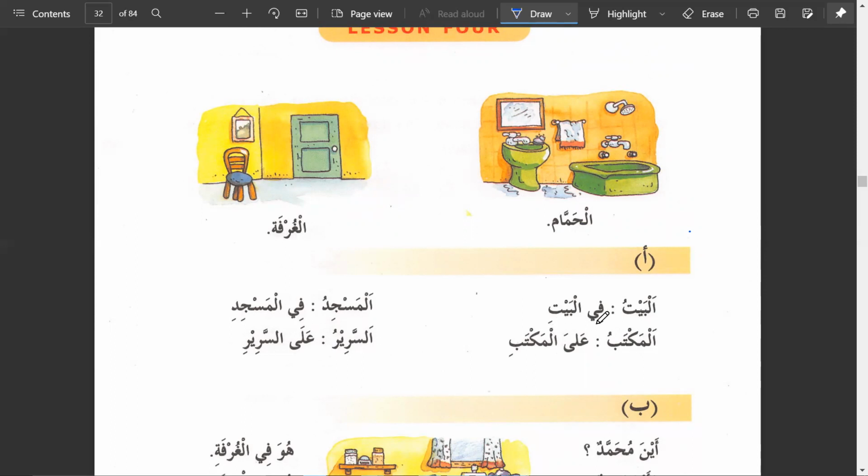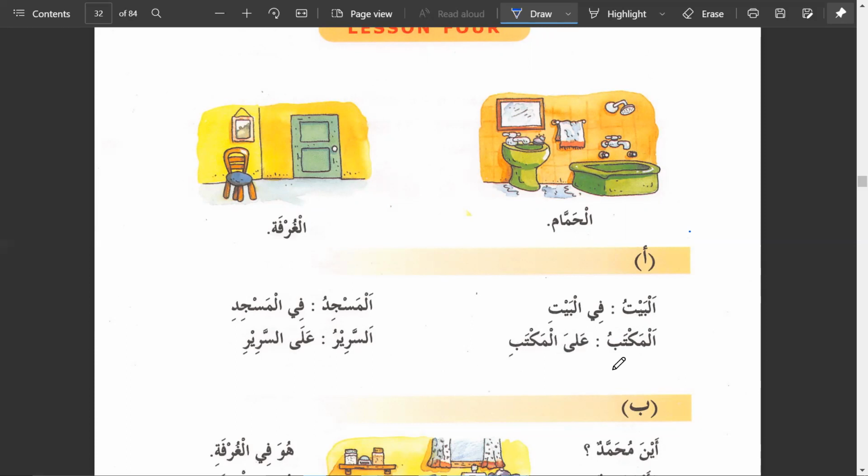Harf jar are particular words in Arabic that make the following ism into jar form, and these ism always take kasra when they follow the harf jar. Like fil bayti, fil masjidi, ala sariri, alal maktabi. Can you see all kasra?